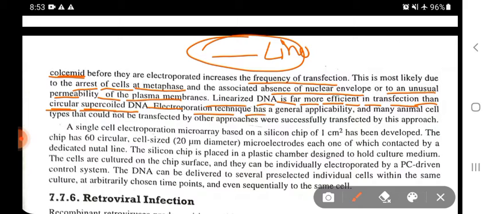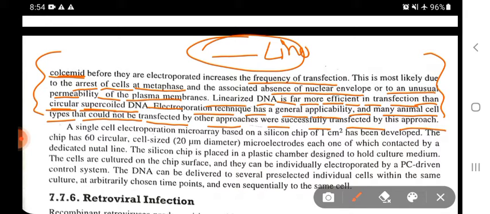The electroporation technique has great applicability, and many animal cell types that could not be transfected by other approaches were successfully transfected by this approach. So electroporation is a very good approach for introducing DNA into target animal cells. Okay.